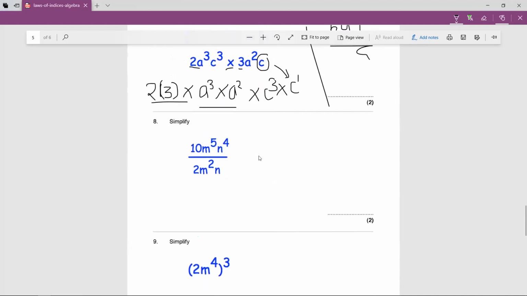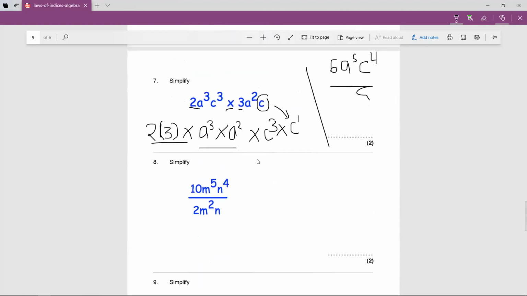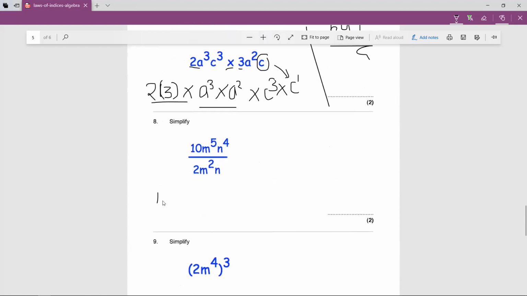Let's get to number 8, and number 8 looks interesting, but it's just a little bit different from number 7, because in this case it's a division, but we use the same technique. So we'll just take the numbers, solve the numbers separately, then the letters separately.